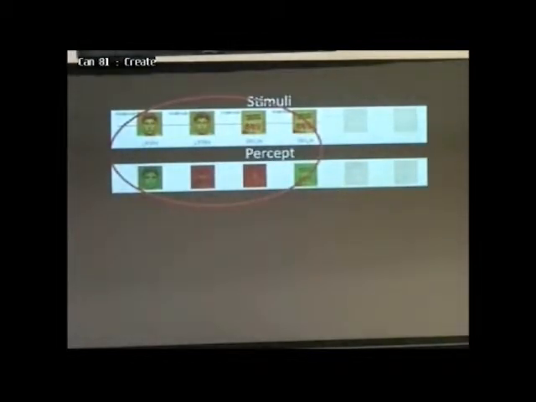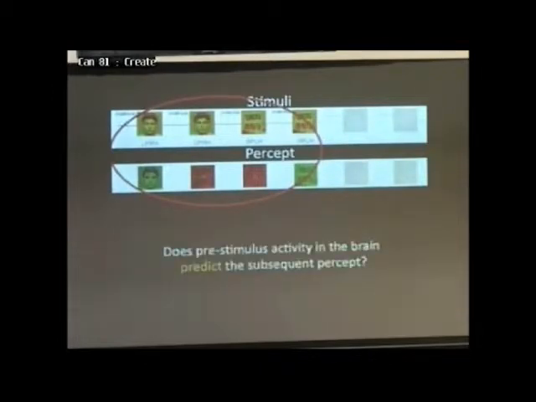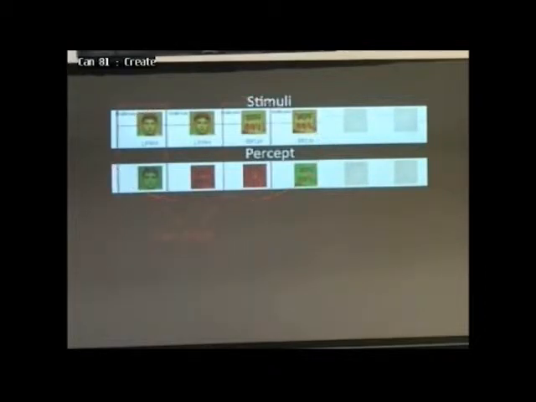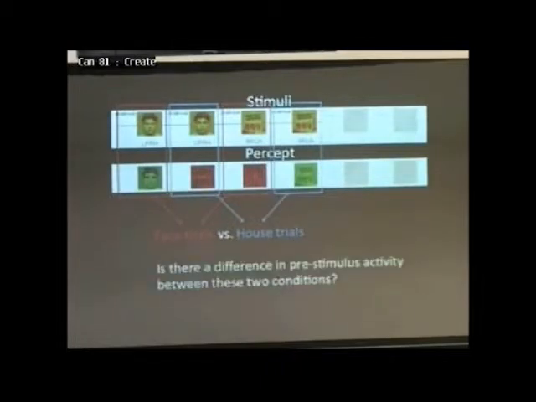Now this is the crucial part. For these neutral or ambiguous or rivalry stimuli, what happens in the brain when some of them are perceived as a face and some of them are perceived as houses? And does pre-stimulus activity in the brain predict the subsequent percept or not? To check that, we simply sort the data into those trials that are perceived as faces and those trials that are perceived as houses.